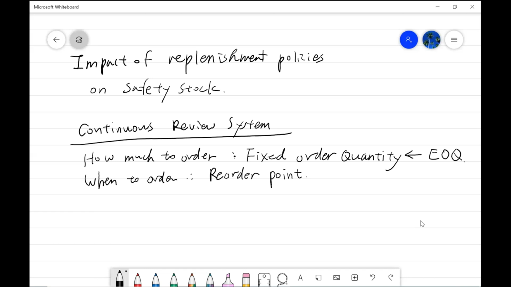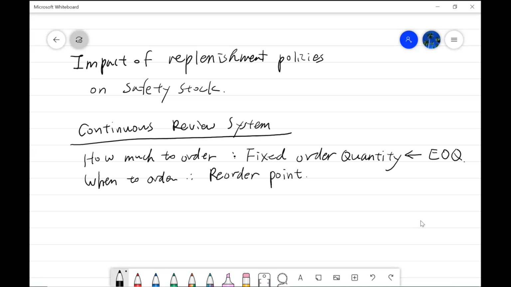As I said, when we decide how much to order under the continuous review system, you just set a fixed amount of order, usually EOQ. That way you are not able to cover the uncertainty of demand. You need flexibility. The way you get the flexibility is when you decide when to order, especially when you decide the reorder point.